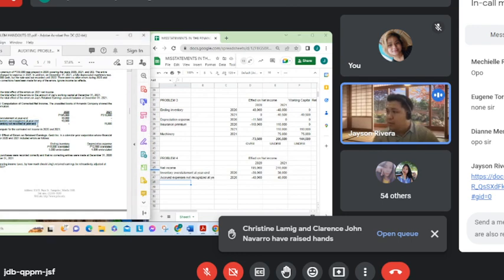Next, supplies inventories. So supplies inventory not recorded at year end. So if the supplies inventory was not recorded, it means the expenses, or cost of sales, are overstated. So that will result to an understated net income.